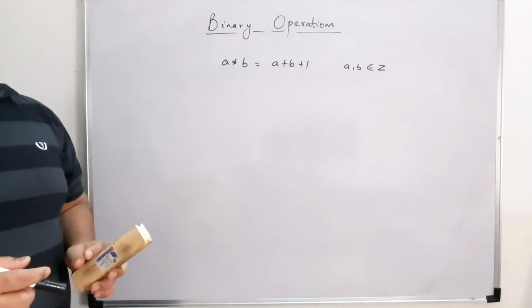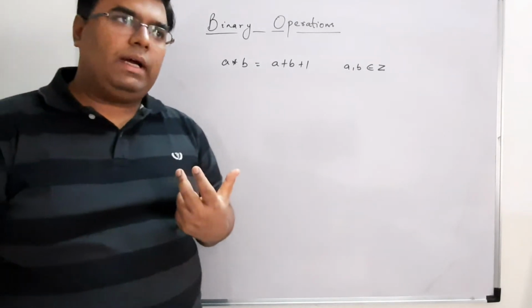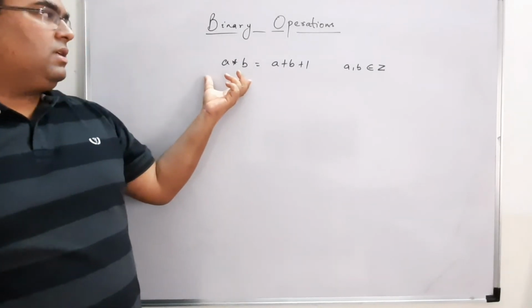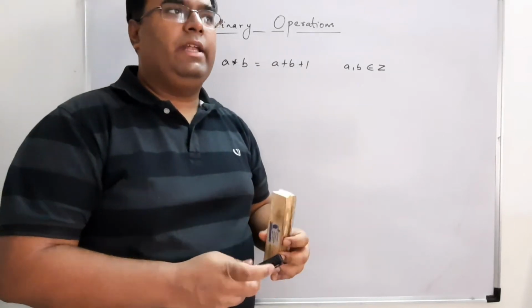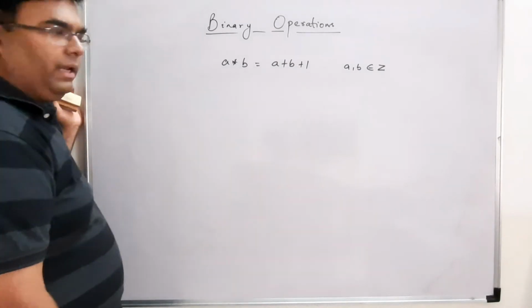Okay, let us take one more example in which we will find both the identity and the inverse. So this is the question: A star B is defined as A plus B plus 1, where A and B both belong to the integers. First we will find our identity element.